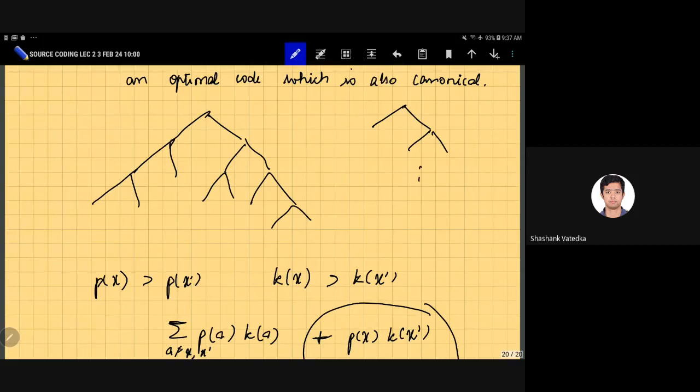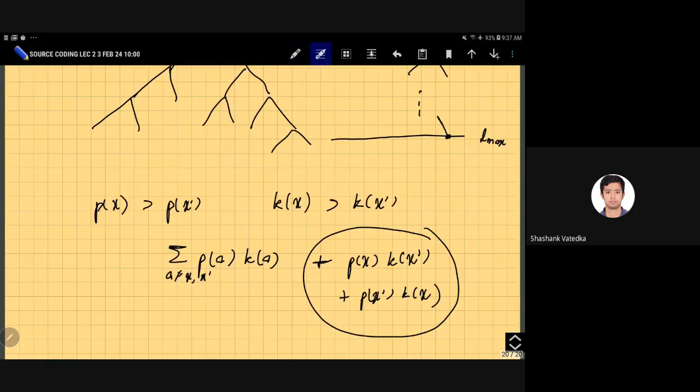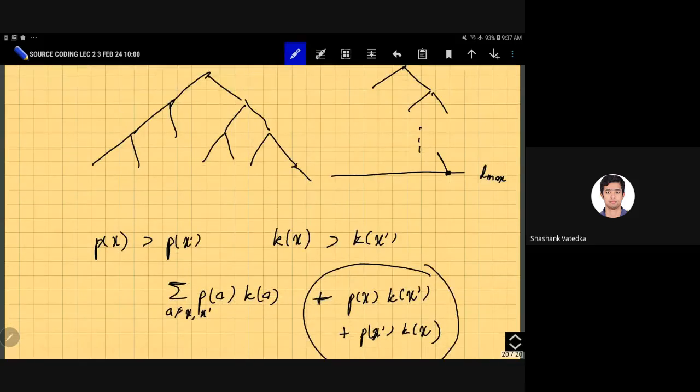You have a number of levels, and at level L max, the maximum level, which corresponds to the longest code word length, there is only one possible symbol. So the code word tree would look something like this. In this example, this is what it would look like.